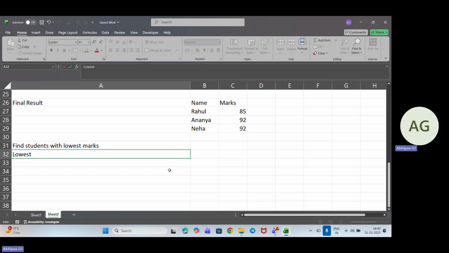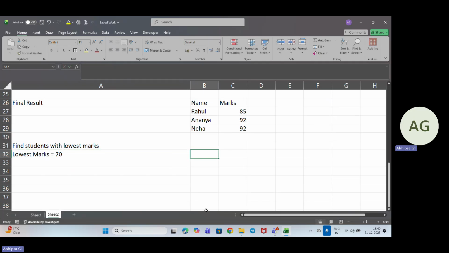Now the result would be name and marks. The name is Rohan and the marks is 70. So you can see that we are getting a single row query. Only one result we are getting with it. Okay. So this is about it.